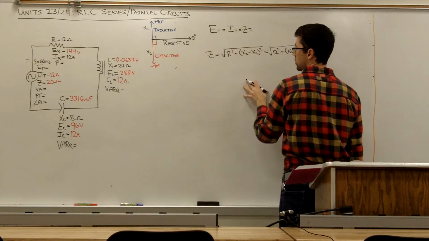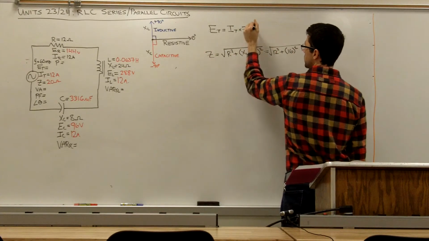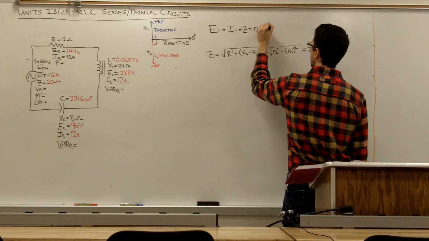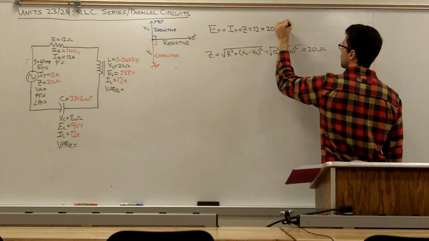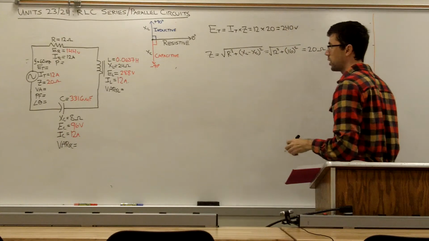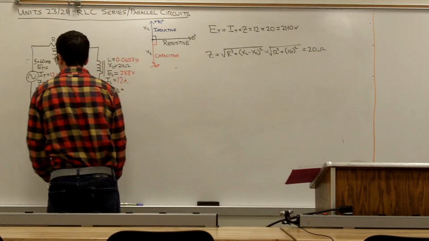So, total voltage is going to be 12 amps multiplied by 20 ohms, which should give you 240 volts.